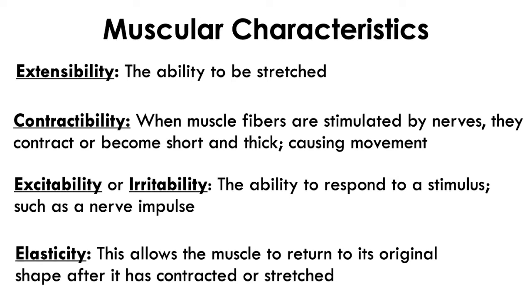This causes the muscle to stretch out or become short, and this is essentially what causes movement. Excitability or irritability is basically responding to a stimulus, such as heat or pain, some sort of nerve impulse. And elasticity is allowing the muscle to return to its original shape and position after it was stretched or contracted.